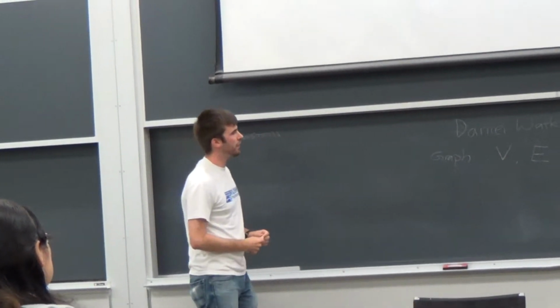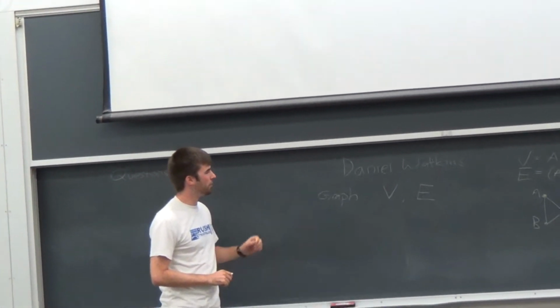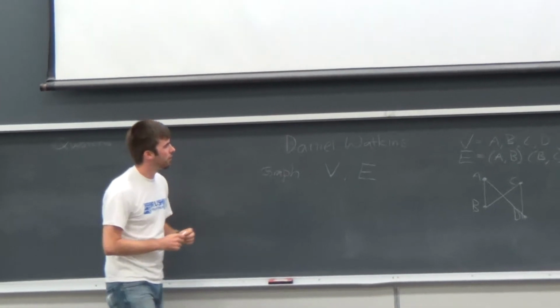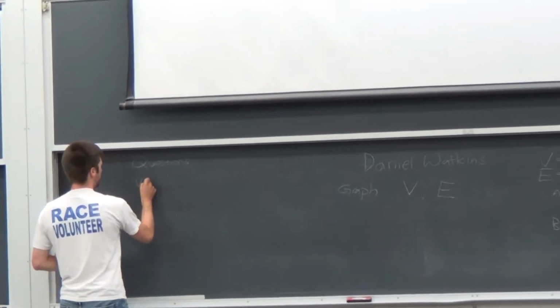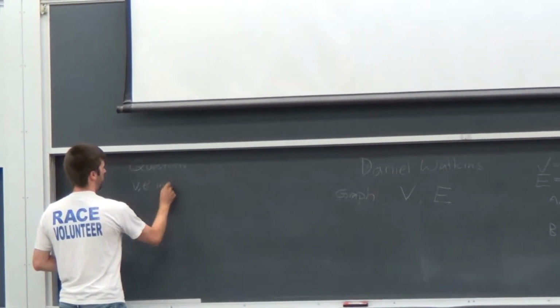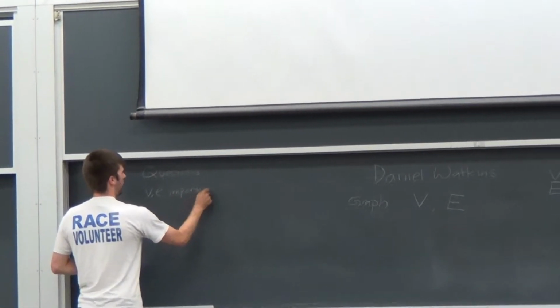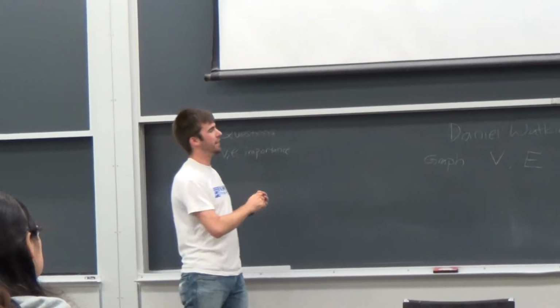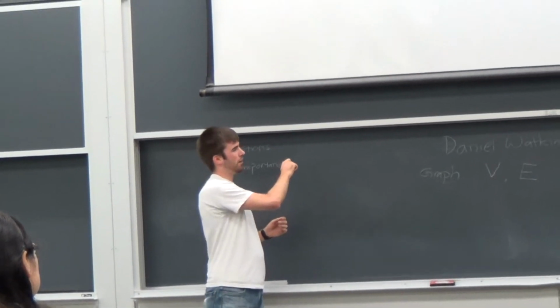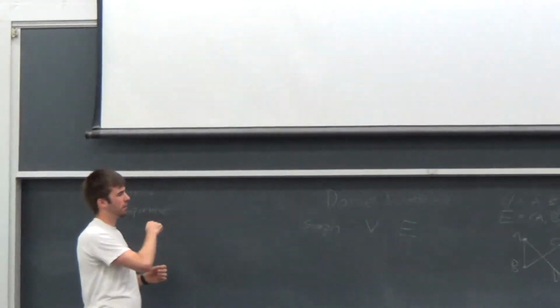So some questions that we could ask are which of the vertices or which of the edges is most important? So I'll say VE importance. Some measures of this are called betweenness, and say how many of the edges go through a specific point.